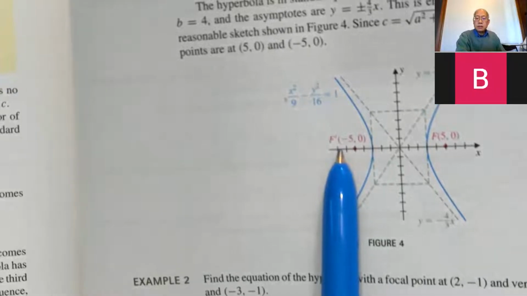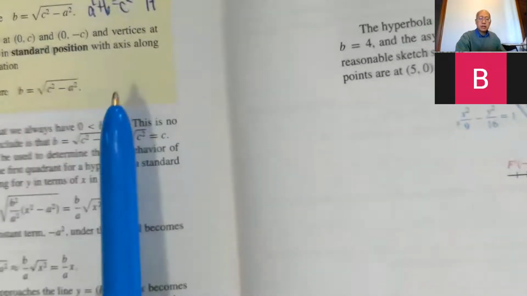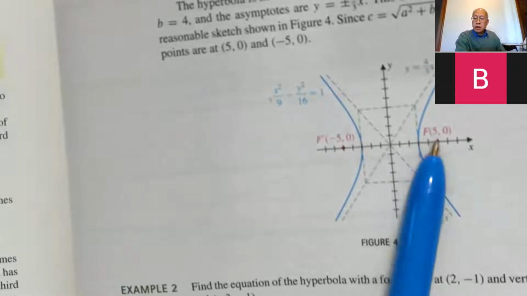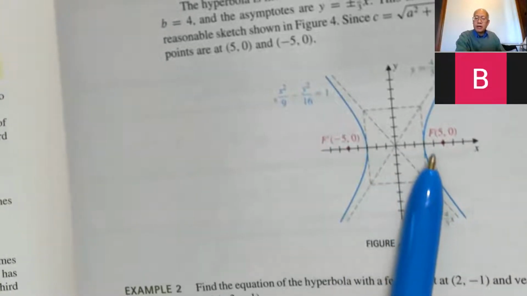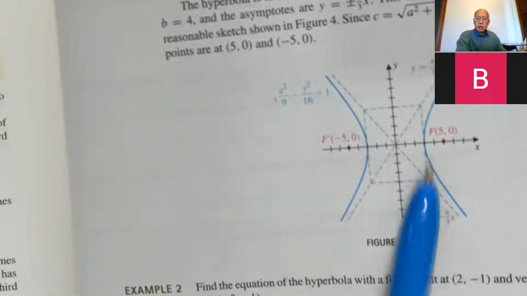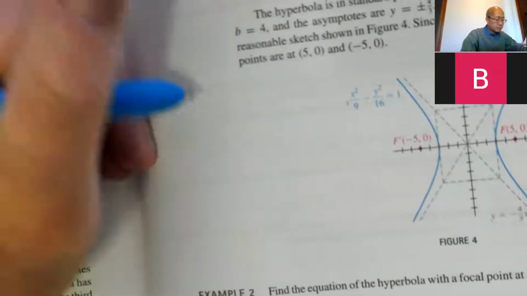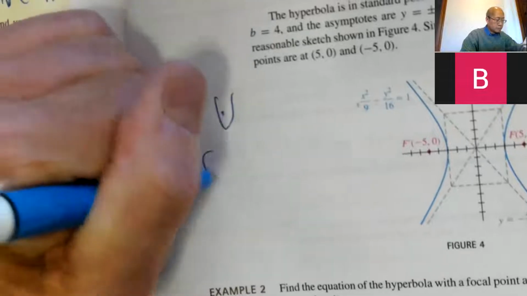Unlike the ellipse, for the hyperbola, C is the largest. So the foci are still going to be on the inside of the curved part. Notice that's true for the parabola, the ellipse, and the hyperbola.